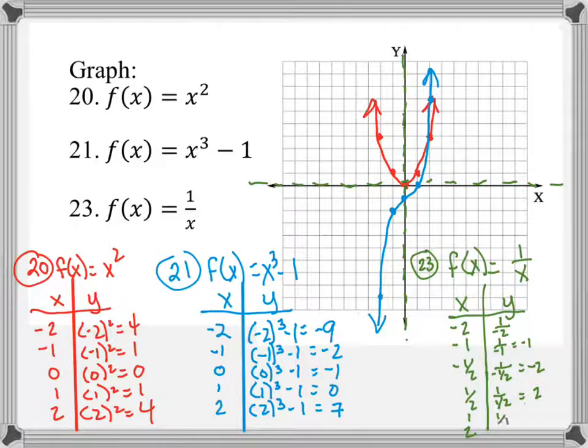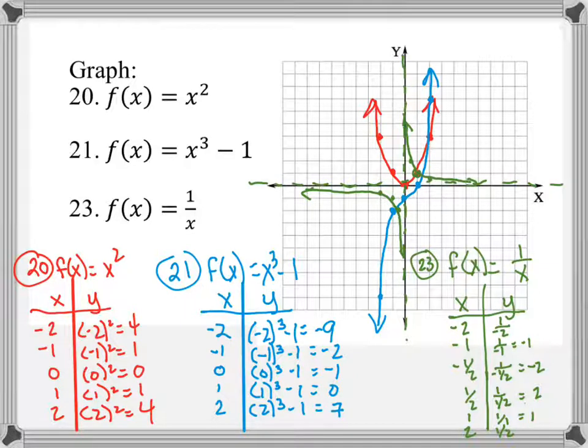Substituting in 1, I get 1 over 1, which is 1. Substituting in 2, I get 1 over 2, or 1 half. Plotting these points, I have (-2, -1 half), (-1, -1), (-1 half, -2), (1 half, 2), (1, 1). Oops, I also have (2, 1 half).